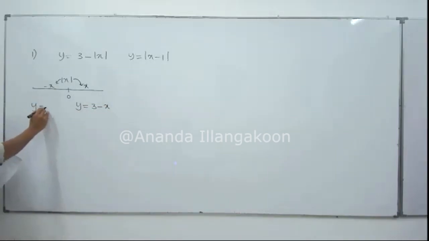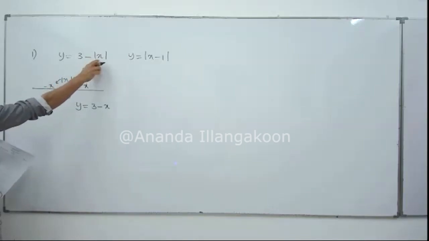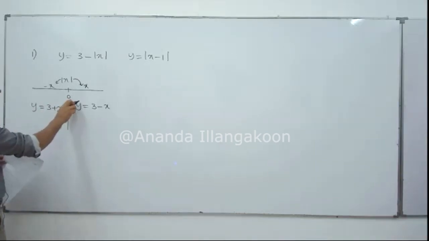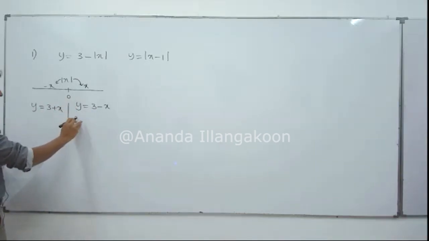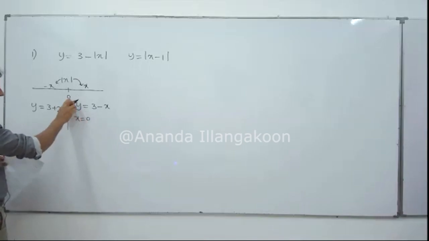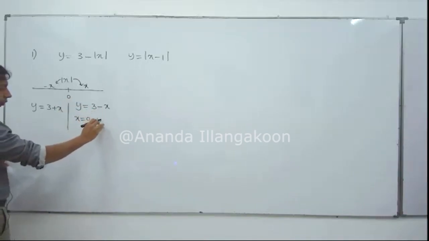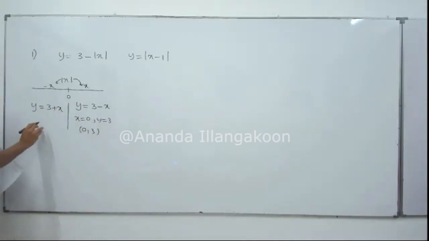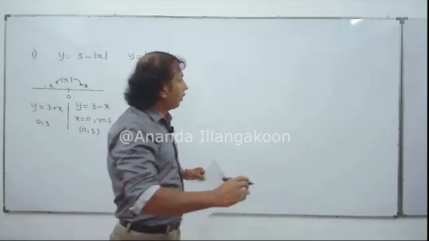Left of 0, mod x is minus x, and when you put minus x here, minus minus becomes plus, so 3 plus x. First, we have to put x equals 0 here to find the point: y is 3. Here also the same point. Now we can draw that diagram.